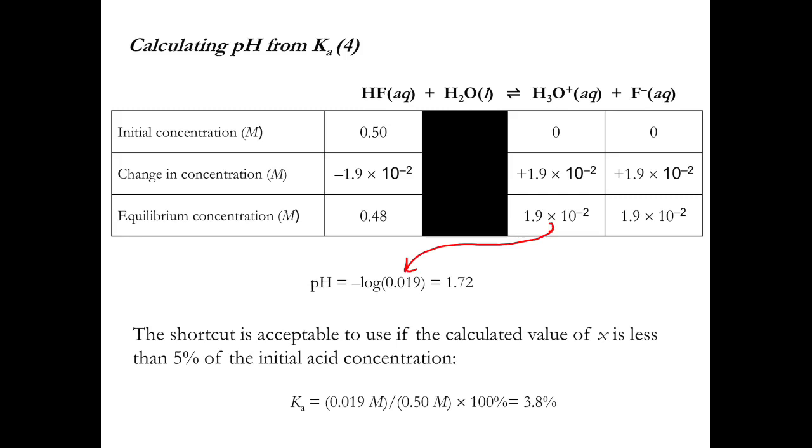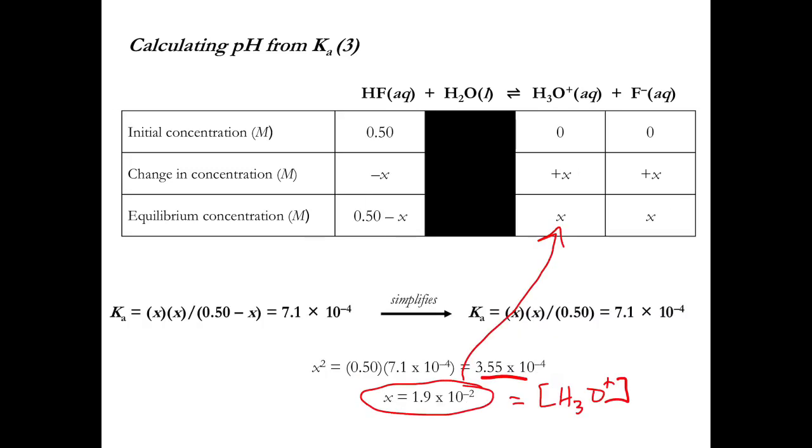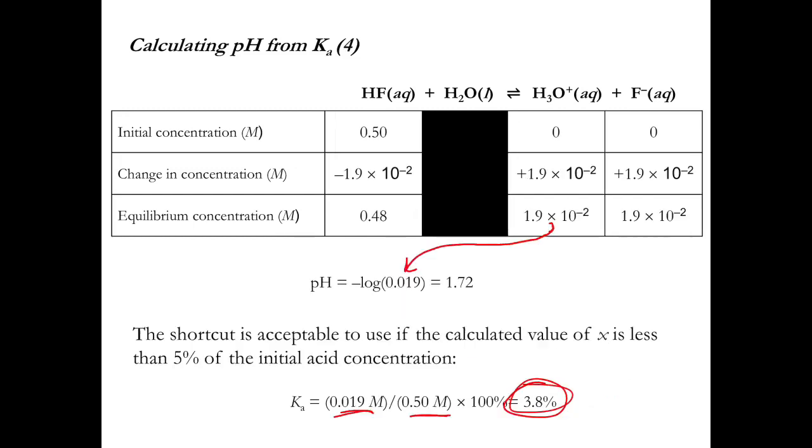All right, let's just check and make sure that our change wasn't 5% or more of our starting concentration. So there's our X value divided by our starting concentration times 100%. It looks like we're still passing the 5% rule, although it was pretty close this time. So we made a good assumption in ignoring that X compared to the starting concentration of 0.5.